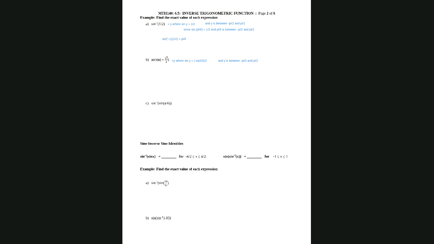Since the sine of negative pi over 3 is equal to negative square root of 3 over 2, and negative pi over 3 is between negative pi over 2 and pi over 2, we now know the answer. The arc sine of negative square root 3 over 2 is equal to negative pi over 3.